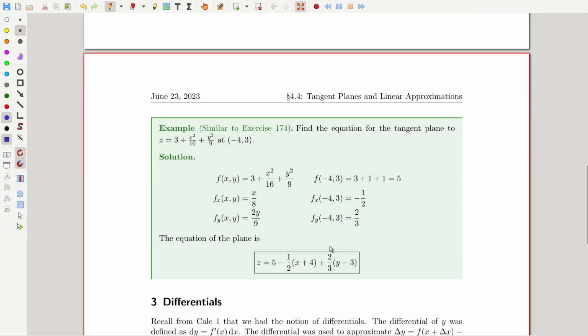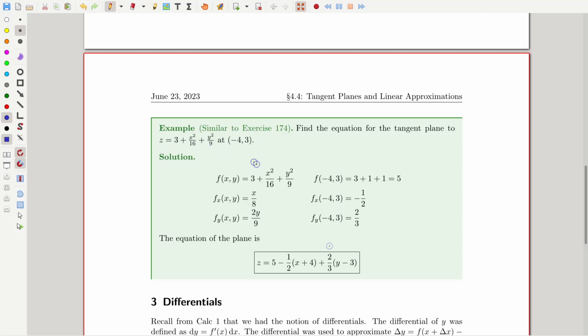Next, a very similar type of problem. I could have made it more complicated, but I didn't feel like making something completely crazy. So again, you have a function, a surface, and you want to make a tangent plane at this point.